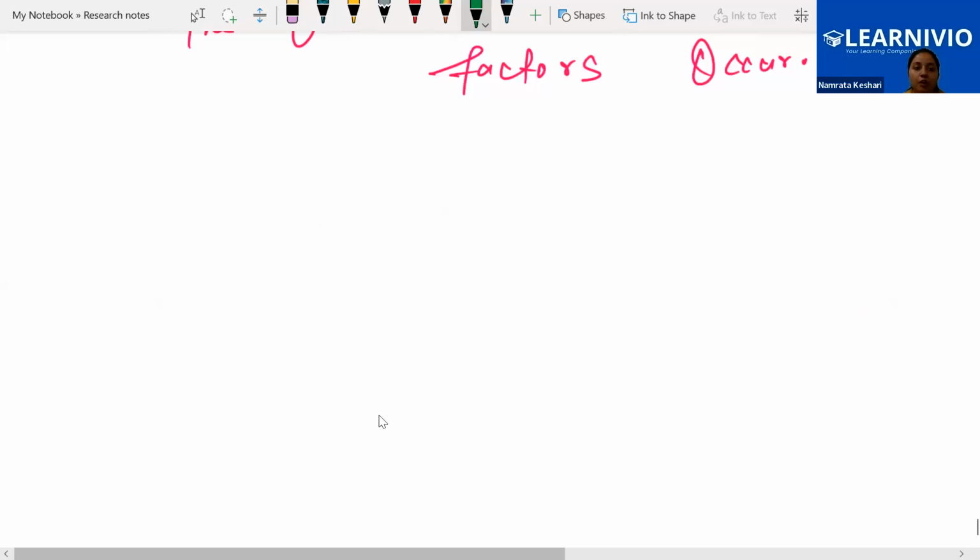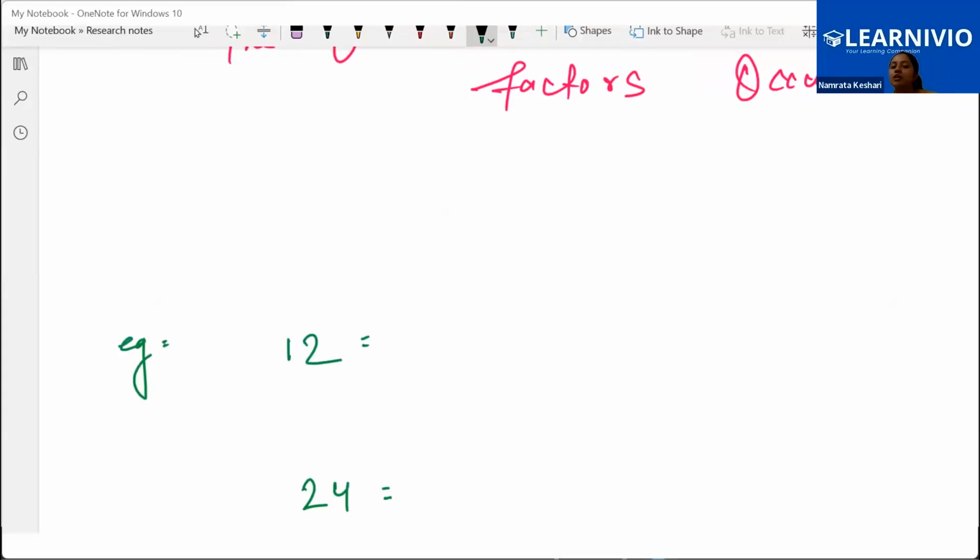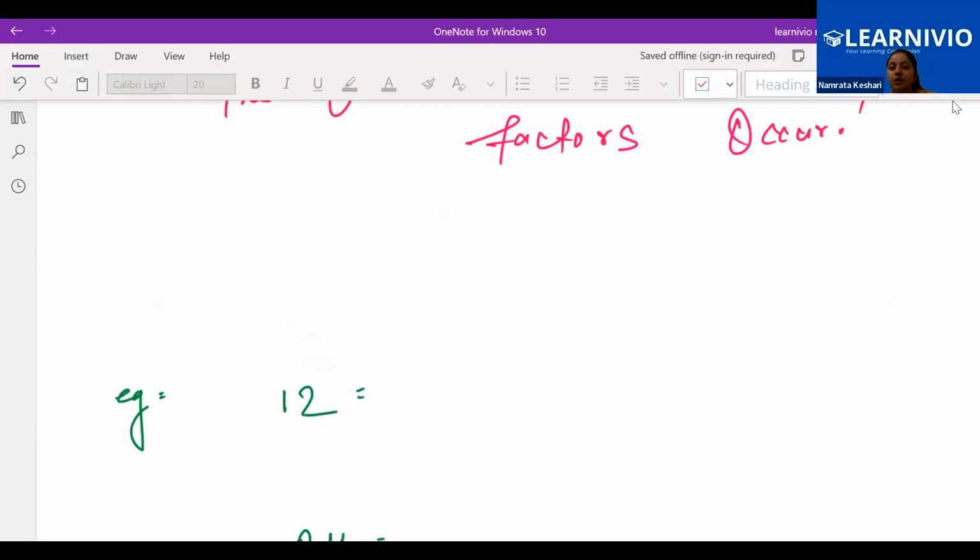The example of a composite number can be 12. An example of a composite number can be 24 as well. Please do the factorization of 12 and 24 and let me know what we are going to get. First, factorize 12.